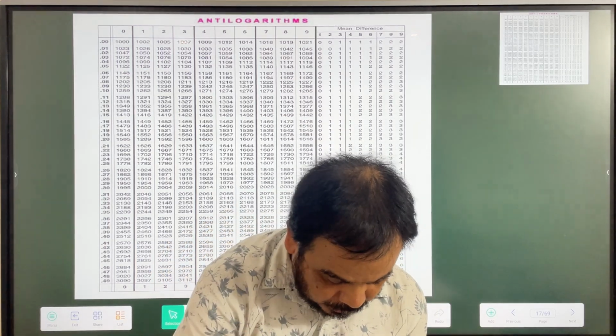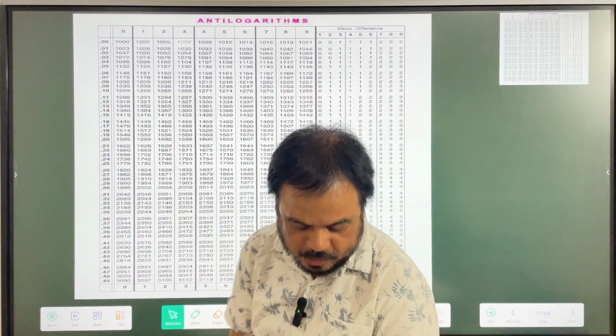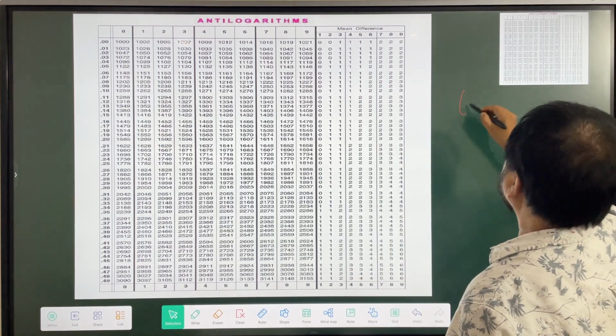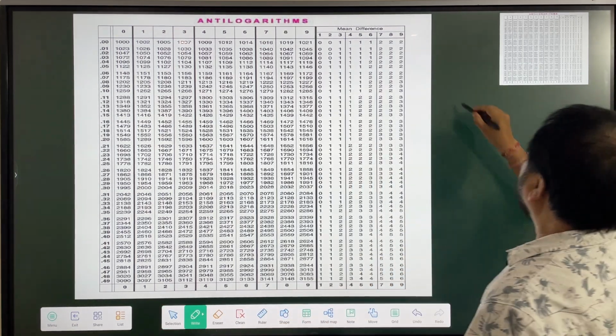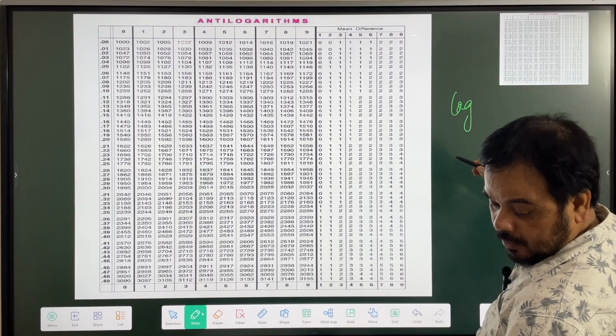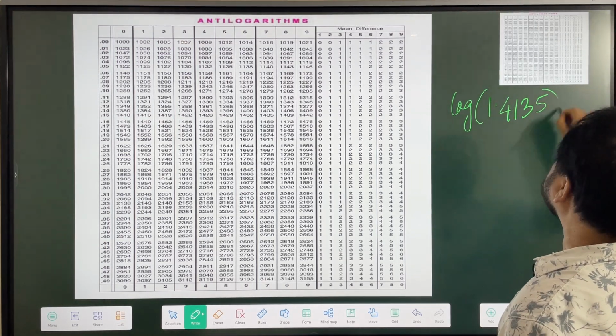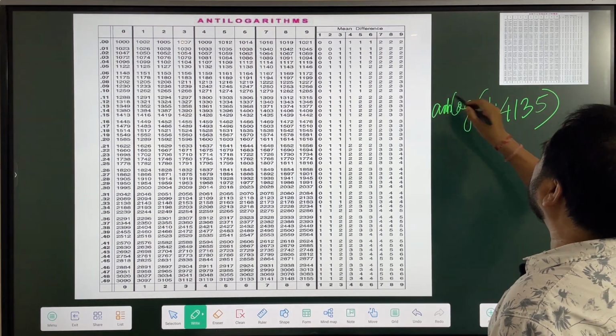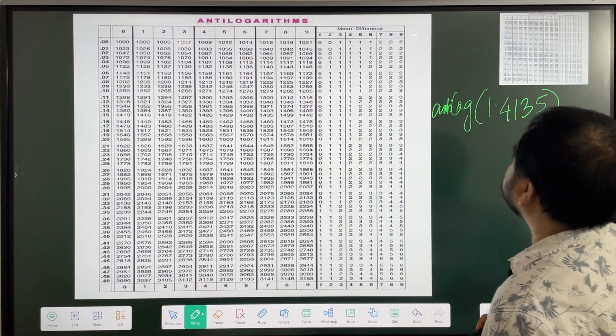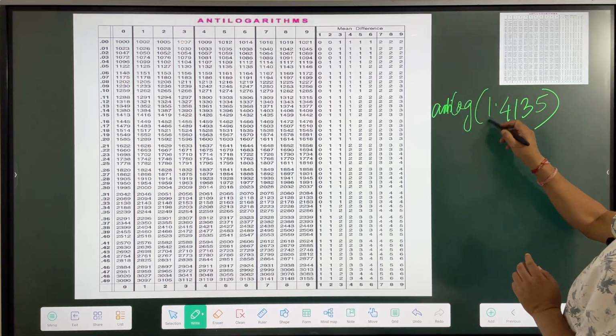Antilog of 1.4135, we have to find out. The characteristic will be neglected, as I have told you.